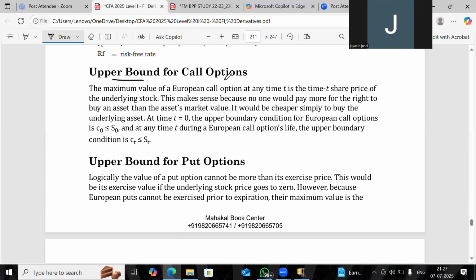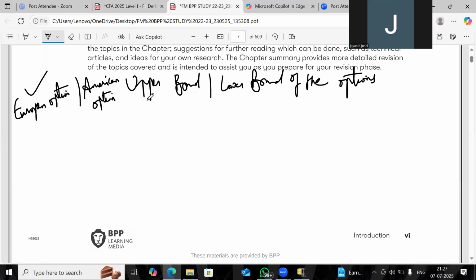What is the upper bound for call options, and the upper bound for put options? Understand, upper bound and lower bound. See, a call option premium should always be less than or equal to the asset value or the stock value. It cannot be more than the stock value. If that is the case, then there is arbitrage. Do you think that is going to happen?